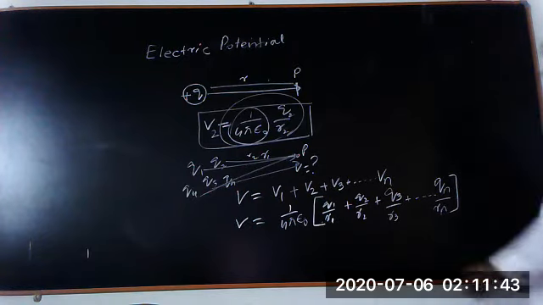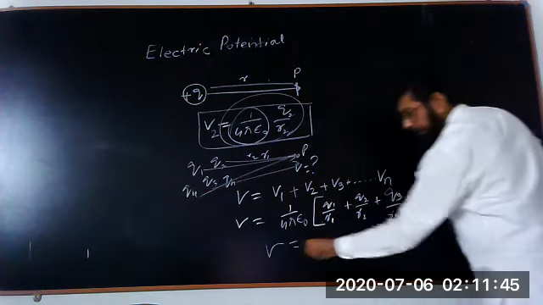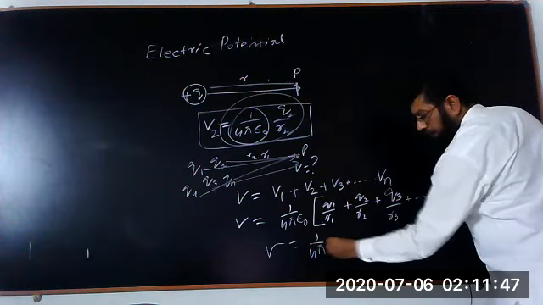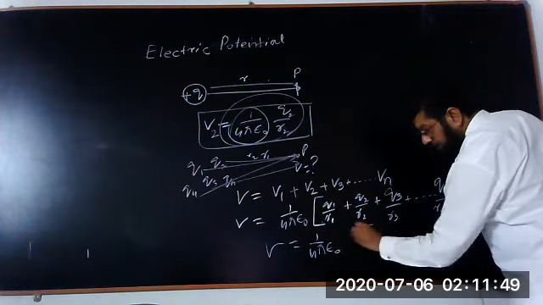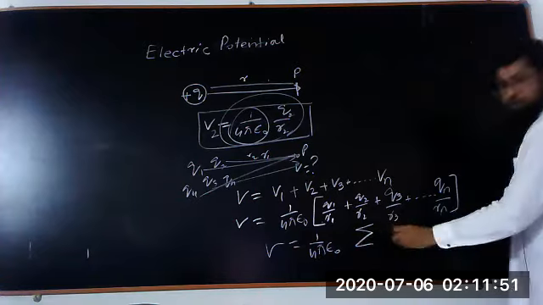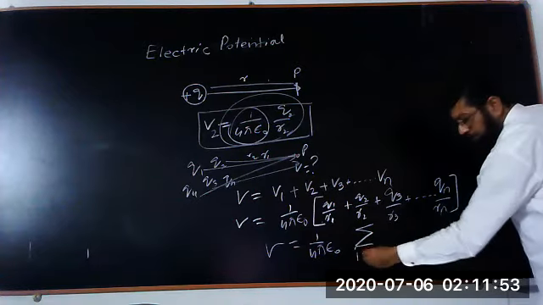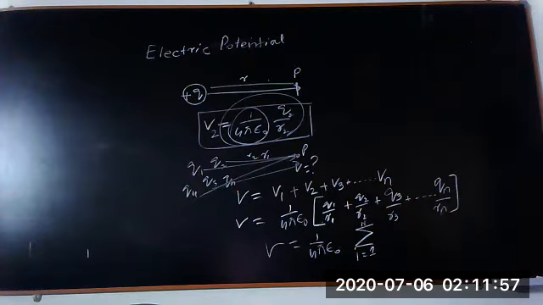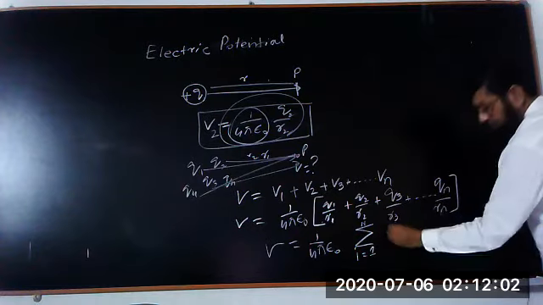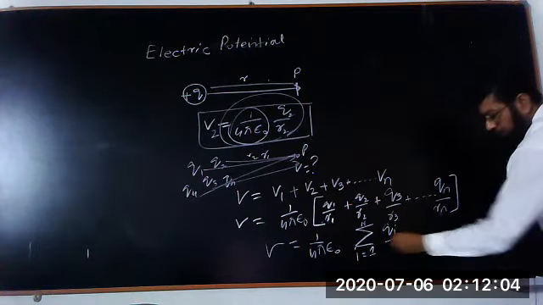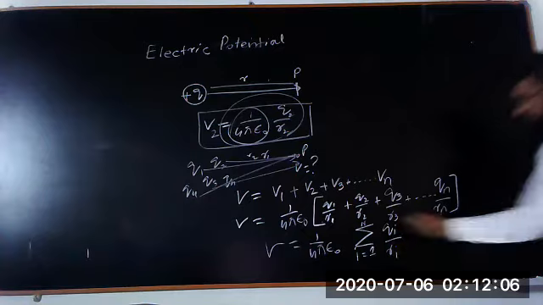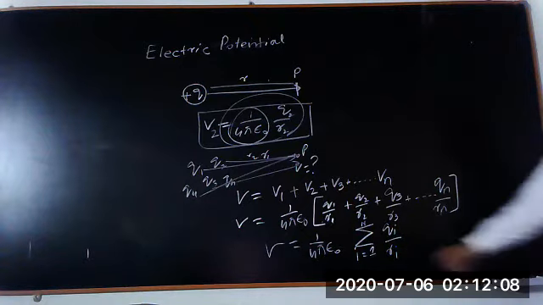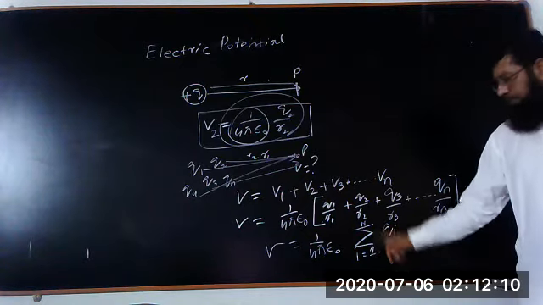So this V can be written as 1 upon 4 pi epsilon naught times the sum over all charges, with i varying from 1 to n, because the total number of charges is n. The potential is the sum of Qi over Ri, where i is the index which varies from 1 to n.